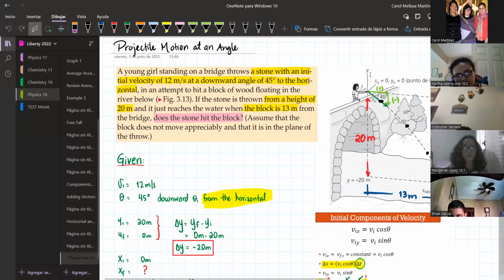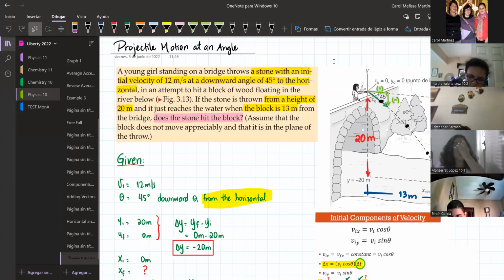As you can see, I included more information in the picture than what was given. So more or less that is the way I want you guys to work, okay? From the given picture, make your own analysis with the givens and everything, but on the picture. Some other times, yes, you will have to draw, but most of the time I will provide you with a picture because it's better, and in that way it's not going to take more time.